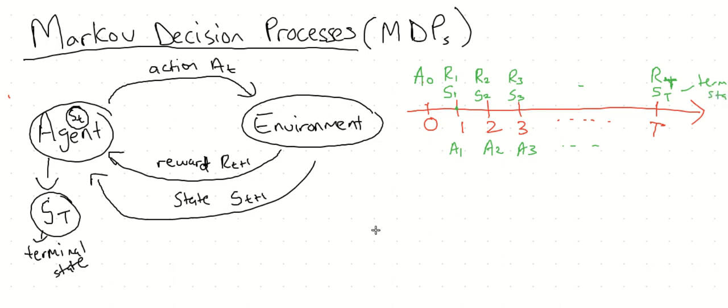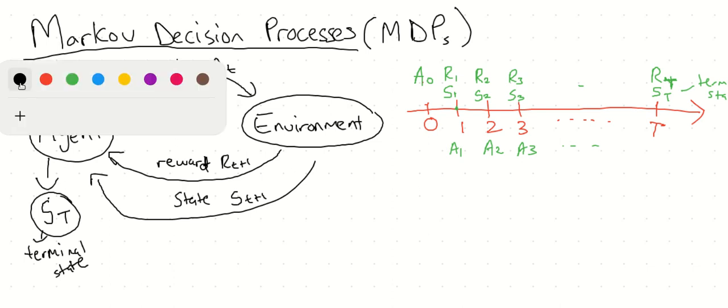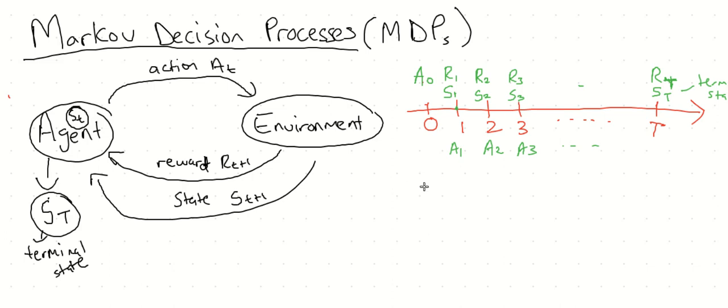So again, to reiterate what's happening, you start in the beginning in some state, S0. You take an action, A0, you get rewarded, R1. Now you're in state S1, you need to take an action, A1, you get rewarded, R2.